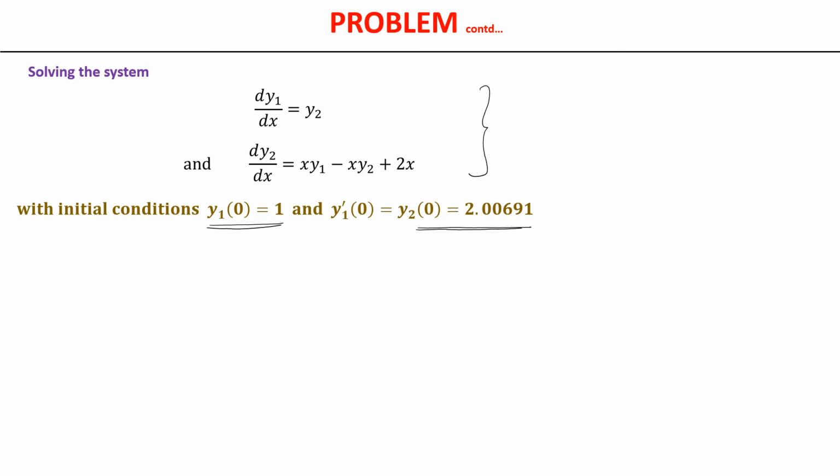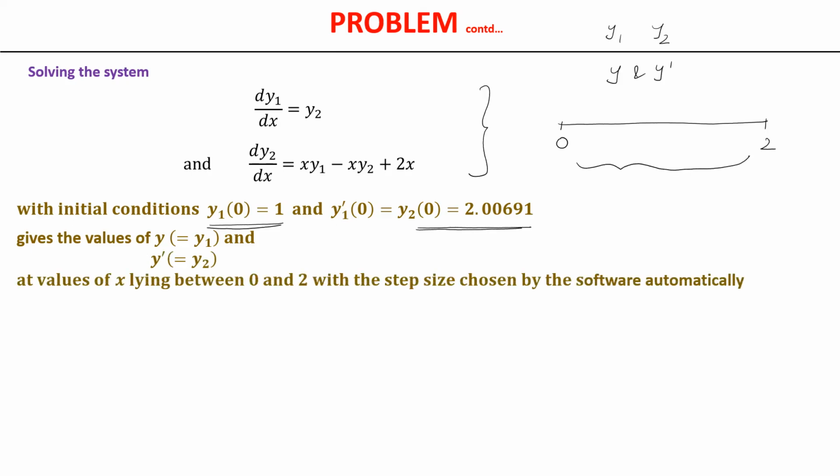And by running the program, we find that we get values of both y and y dash, which is y1 and y2, at values lying between 0 and 2. Kindly note that the step size that was considered here was chosen automatically by the ODE45 software, and we find that accurately the result was satisfied at the second endpoint. So this completes the problem.